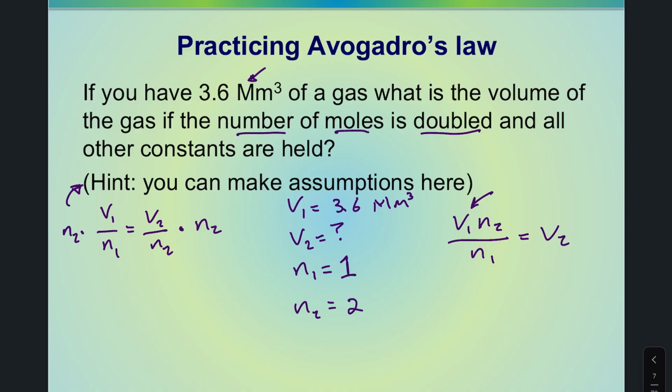And so V1 will plug in, and 2 will plug in, and 1 will plug in. That gives us 3.6 megameters cubed, and we'll multiply that by n2, which is 2, and divide that by 1. So all we really have to do is just multiply that by 2. And so that's going to end us up with 7.2.